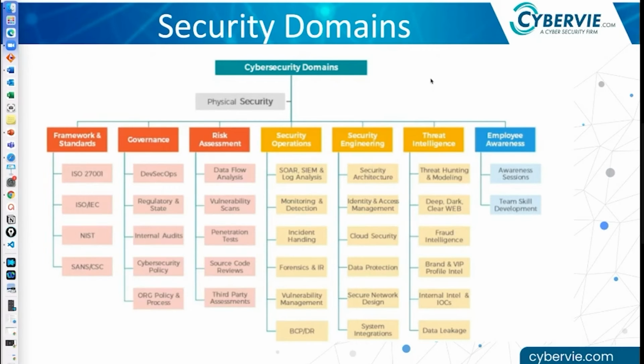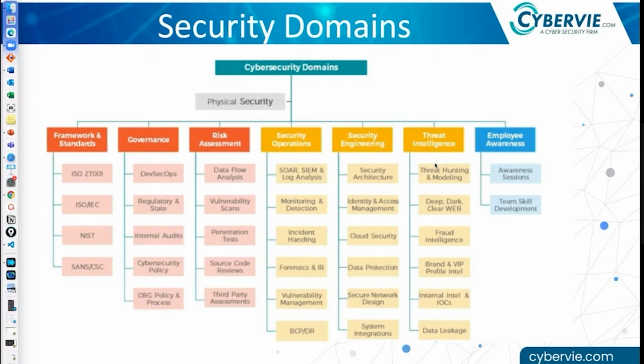Okay, these are the different domains present in cyber security. Today we are going to see the security operations part, which is SOC, SIEM, monitoring and detection, and we will also see the threat intelligence. These are not limited. Here I'm showing the limited domains.